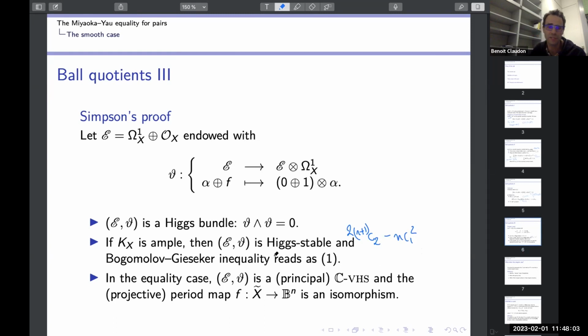And in the equality case, this Higgs bundle actually underlies a complex variation of Hodge structure, and the corresponding projective period map gives an isomorphism between X tilde and the ball. So I just wanted to present this proof because, in a sense, this is the one that we can use in the singular setting.